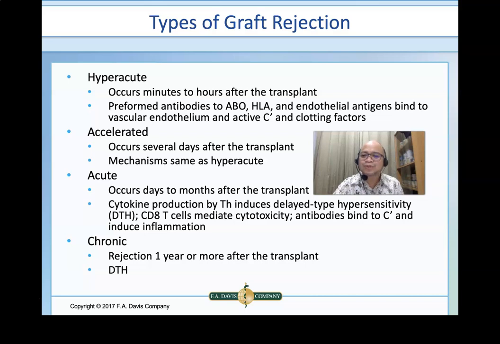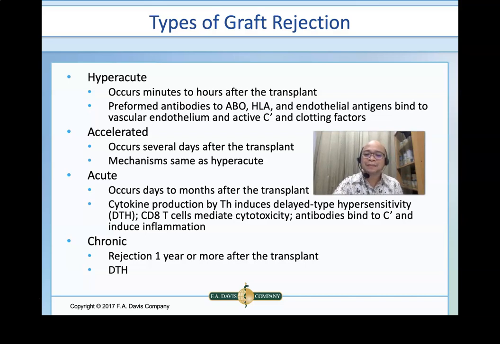Unlike in acute, which could last from days up to several months after the transplant, so acute is much longer as compared to hyperacute or accelerated. Here, the cytokine production by the T helper cell will induce delayed type hypersensitivity, or DTH. The CD8 T cells mediate cytotoxicity. The antibodies will bind to complement and induce inflammation.